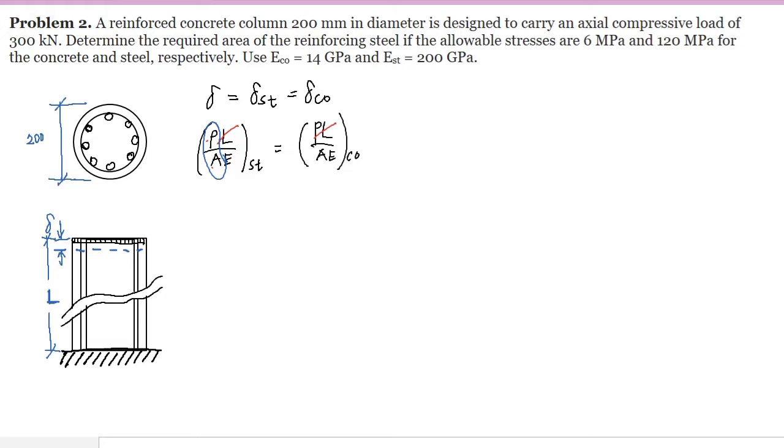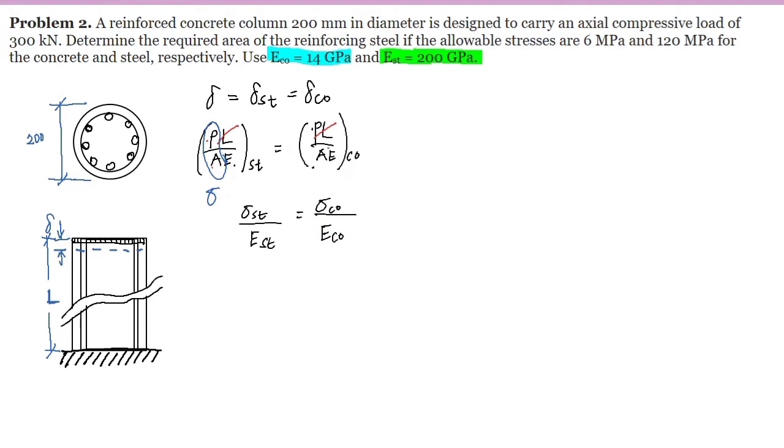Since the force over area here is the stress, we can say that we have the stress in steel over the modulus of elasticity of the steel is equal to the stress, that's force over area, of the concrete over the modulus of elasticity of the concrete.